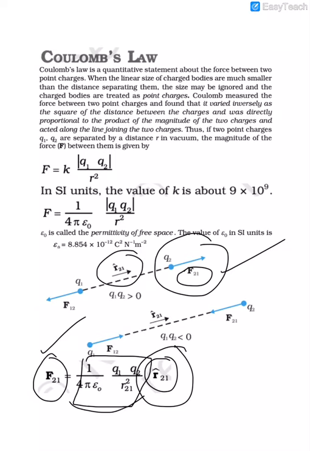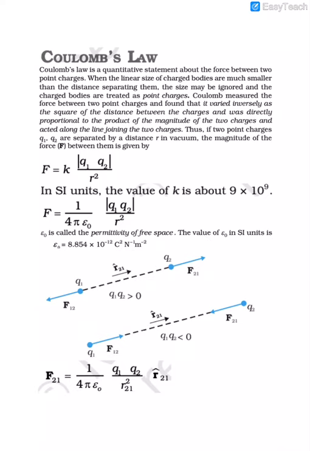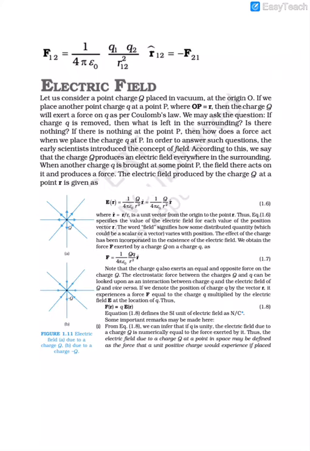And by the way, r cap 21 is basically a unit vector along the line joining the two charges. In a similar manner, if you were to investigate F12, this would be the vector calculation for vector F12.